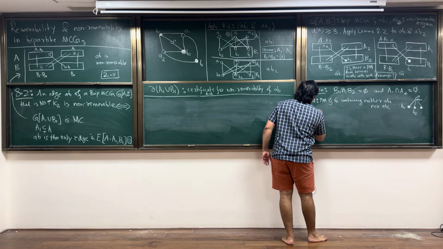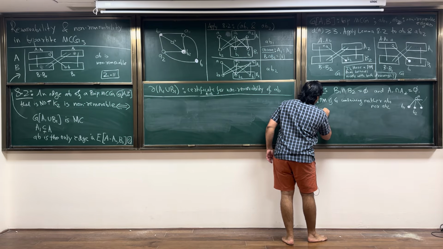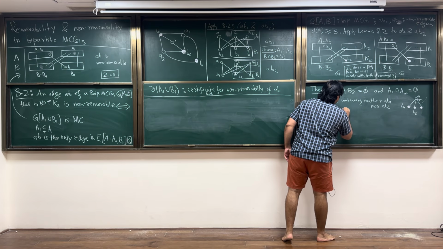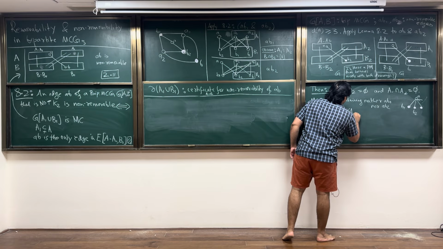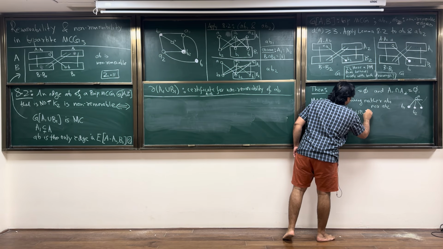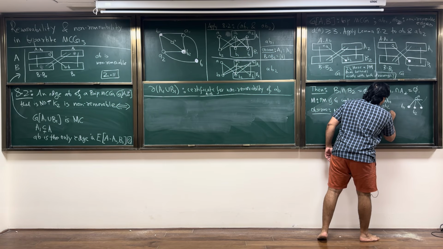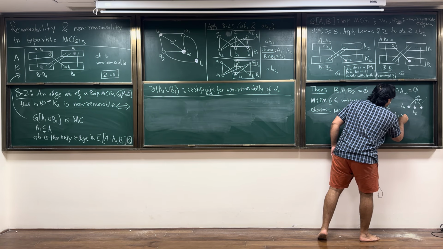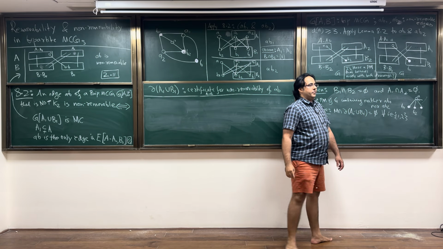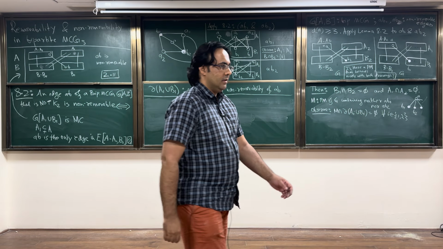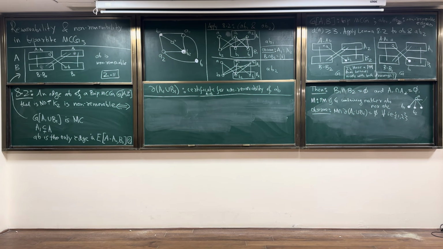Observe. M's intersection with the boundary of AI union BI is empty for each I. You agree? It behaves nicely. This is what I mean by behaves nicely.